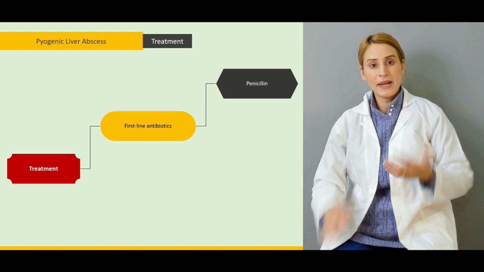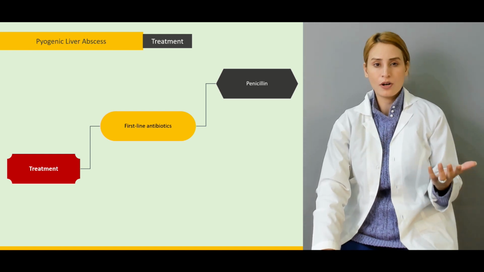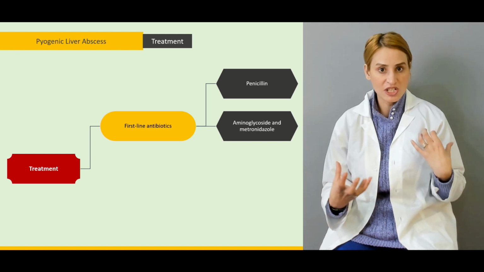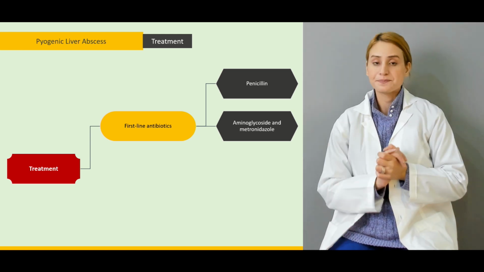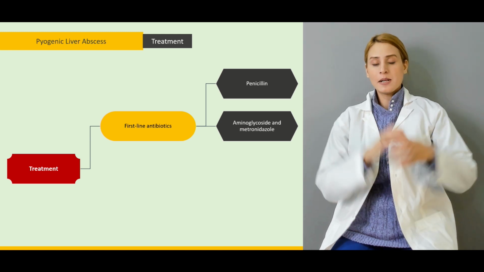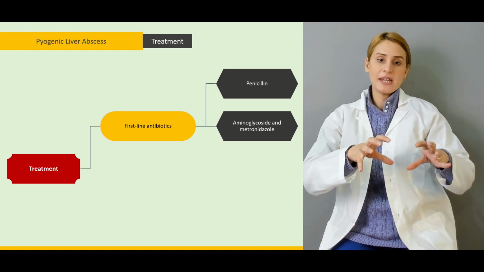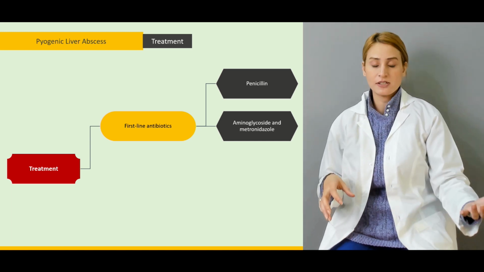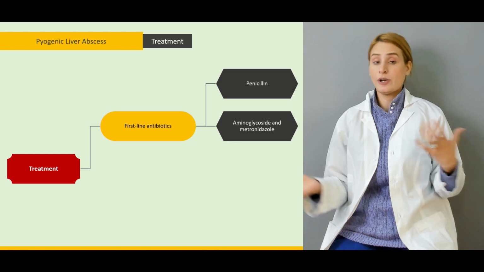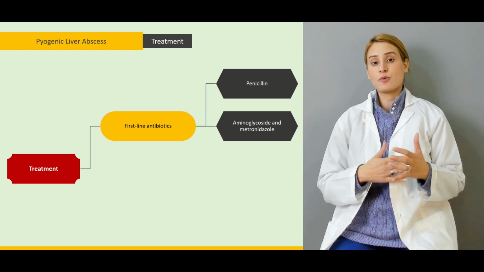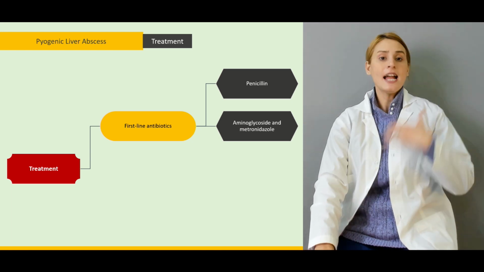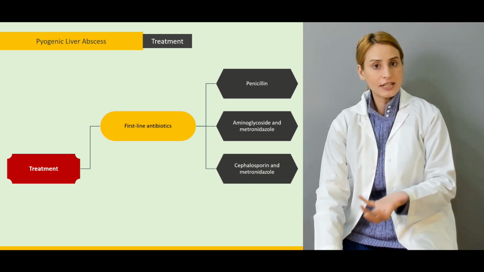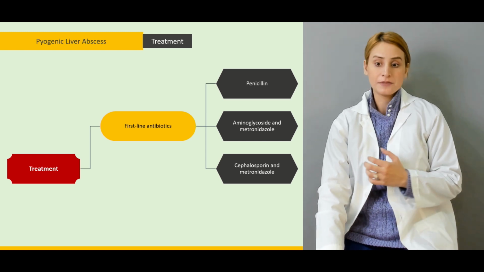So you combine penicillins, which give more of the gram-positive cover, with aminoglycosides and metronidazole, which is a triple regimen or triple therapy, combining a gram-positive cover with a gram-negative and anaerobic cover. So penicillins, or broad-spectrum 4th-generation or 3rd-generation cephalosporins, you combine with aminoglycosides, which give you gram-negative cover, and metronidazole, which gives the anaerobic cover.